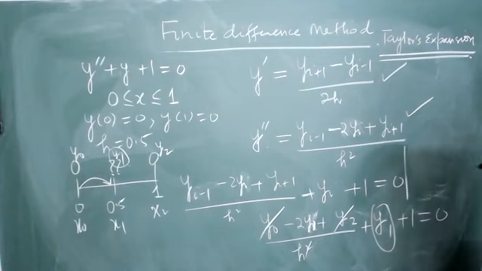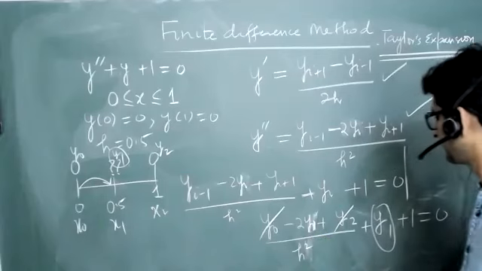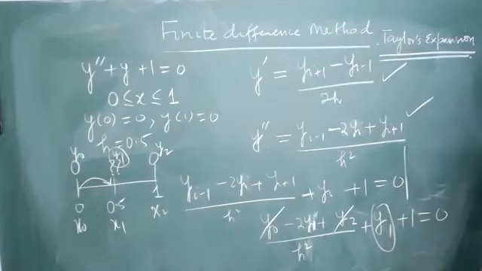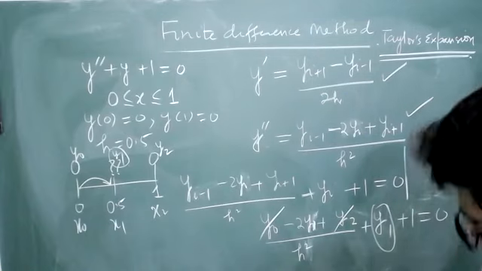So this is 0, this will be h square, right? Now put the values, 0.25 actually.